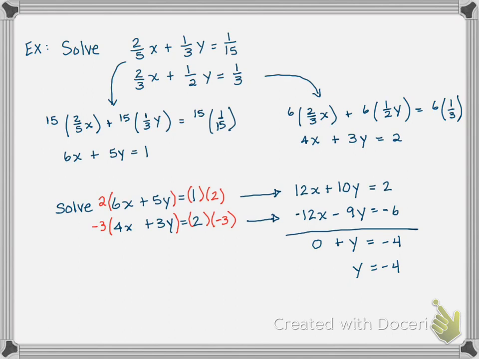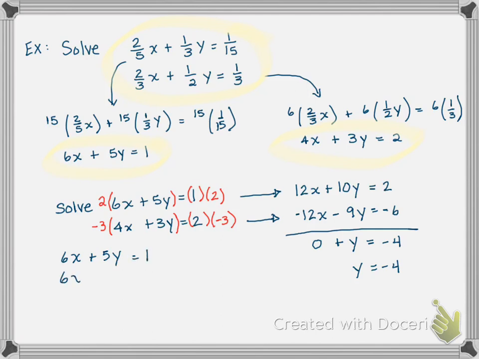So now I want to plug that back in to one of my equations. I'm not going to use either of the original ones because those are ugly and they don't look like fun. So instead, I am going to use one of these secondary equations. They're equivalent to the original equations, so they'll do the same trick. I just don't have to deal with all the fractions. So we'll just pick 6x plus 5y equals 1.